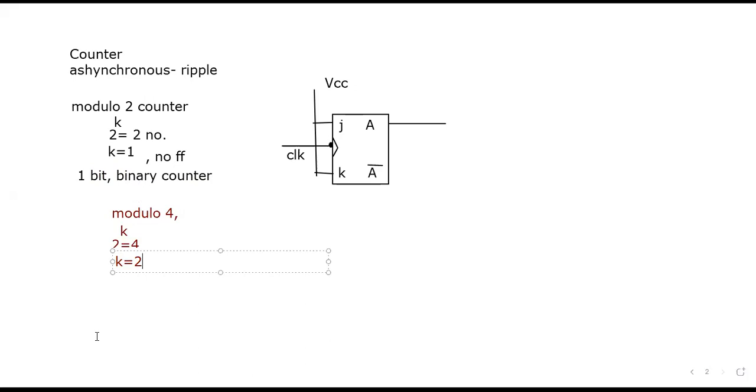Generally it is not given in terms of 2 raised to n power, so we have to find it out. If it is given clearly to draw a 2-bit counter, then it would be very easy, but they will ask for a modulo 4 counter. As k equals 2 is the number of flip-flops, we have to draw 2 flip-flops over here. Here we have to draw the output terminals.